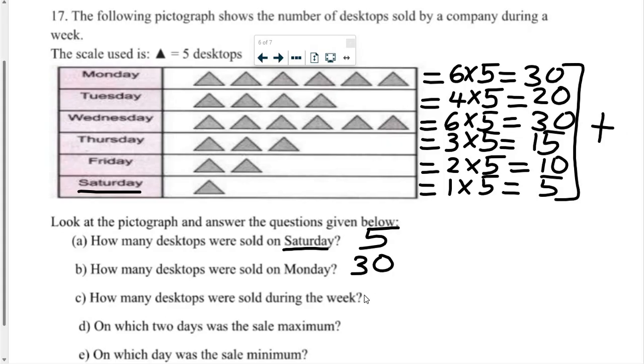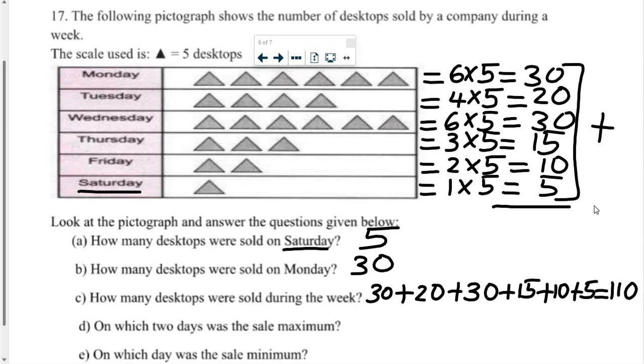Meaning 30 plus 20 plus 30 plus 15 plus 10 plus 5. So that is 50, 80, that will be 90, plus 20, 110.